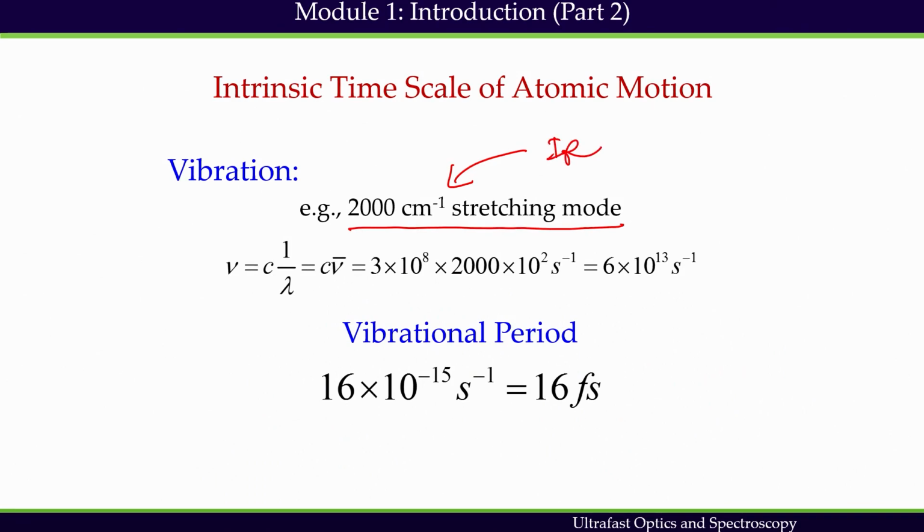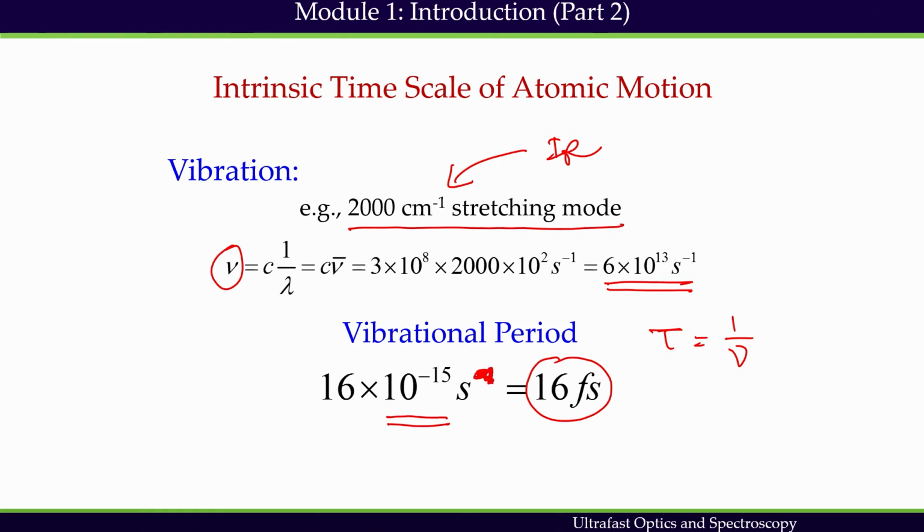So if it is a 2000 wave number stretching mode, I'll be able to convert this 2000 wave number to its frequency, and once we get the frequency, the vibrational period can be obtained with the help of the equation 1 by nu, and this gives me 16 femtosecond. 16 multiplied by 10 to the power minus 15 second. So 16 femtosecond.